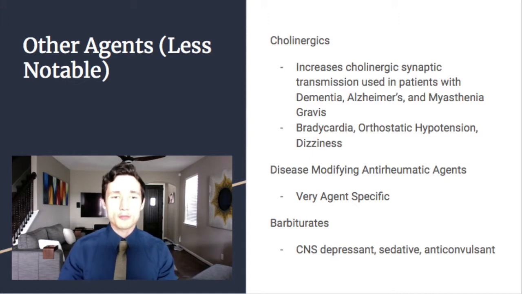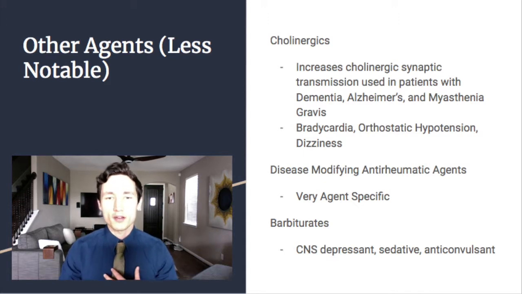For the disease-modifying anti-rheumatic agents, these, in my experience, weren't very harped on so much in school, and I didn't really look at them much until I reached the real world, and I realized they encompassed way more than just the gold salts used to treat rheumatoid arthritis, and they also consist of tumor necrosis factor inhibitors, or maybe even antimalarials.